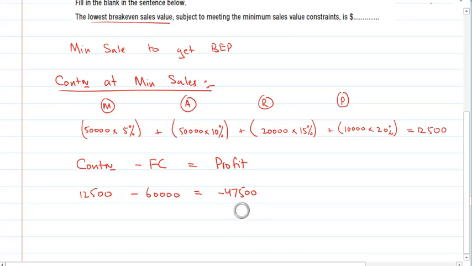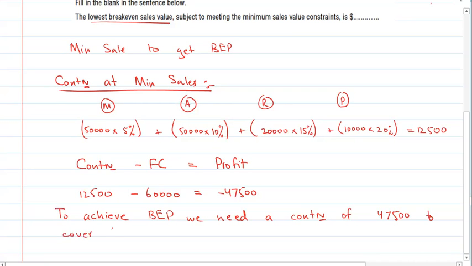Now, this loss needs to be covered to get to the break-even point. So to achieve the break-even point, we need a contribution of 47,500 to cover this loss.